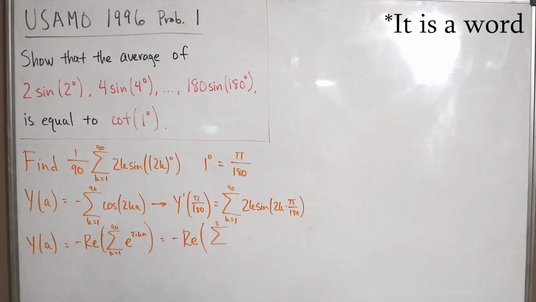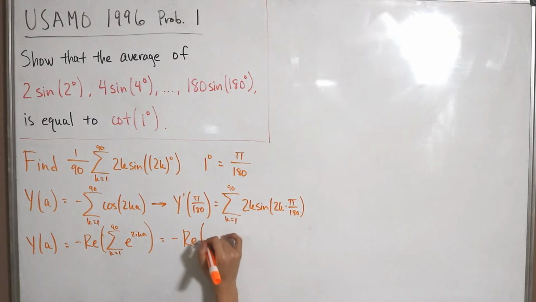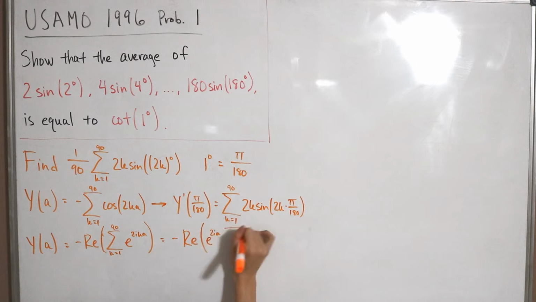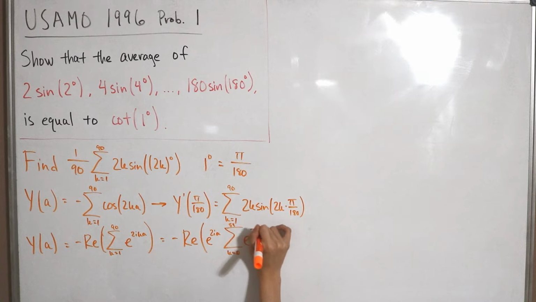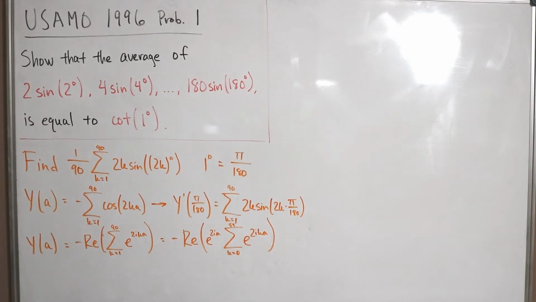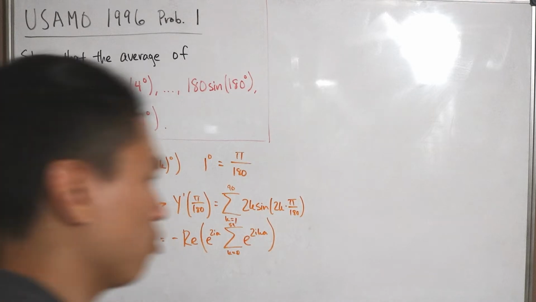So we have e to the power 2ia, and then this sum from k equals 0 all the way up to 89 of e to the power 2ik times a. Now we can apply the geometric series formula over here and continue forward from that.